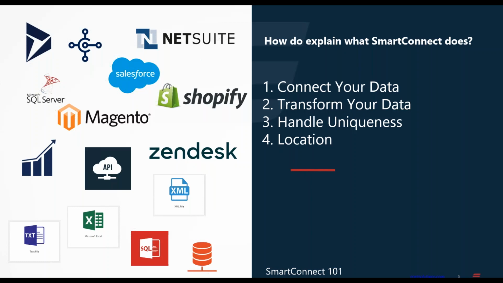You can offer them an on-premise or cloud solution as well. So all of this, you can iterate to your customers when explaining what SmartConnect does, right? You've got them covered. Have that confidence. Every customer needs integration. It just comes down to you sitting down with that customer and finding out what that integration need is.